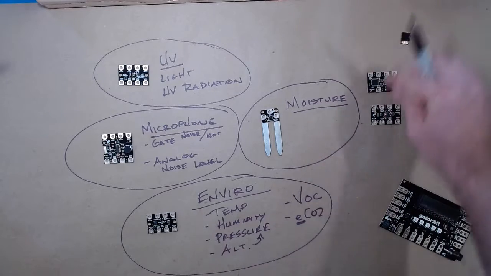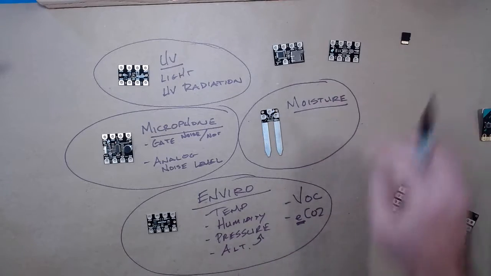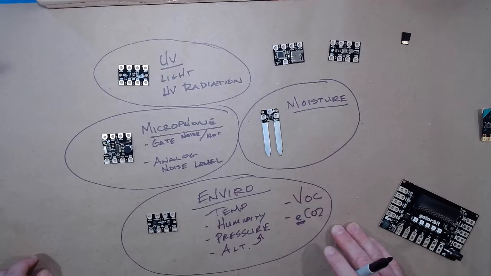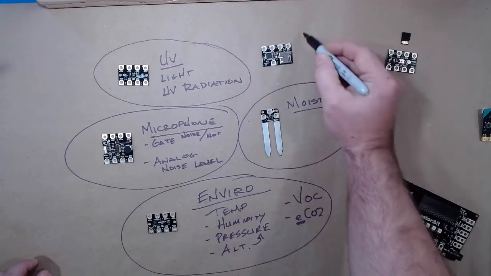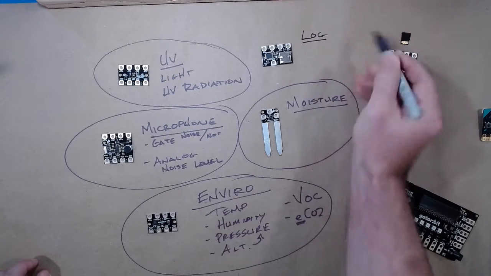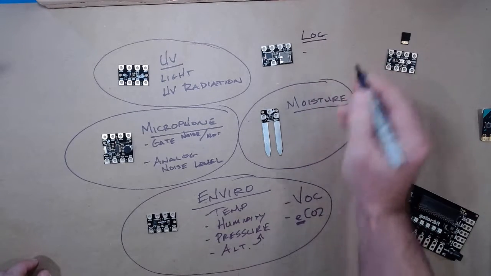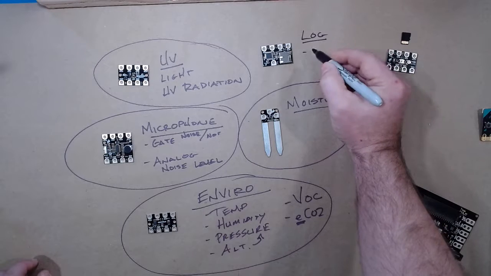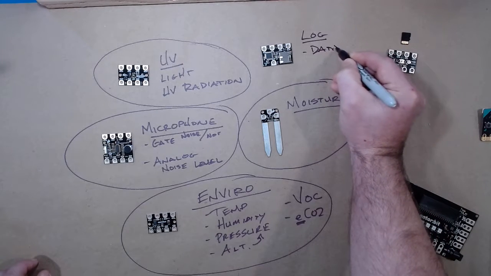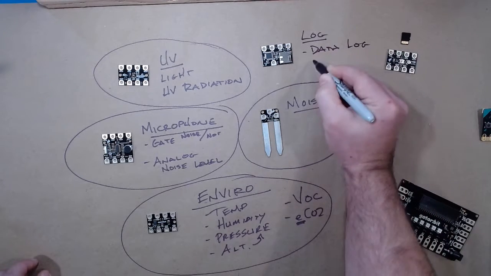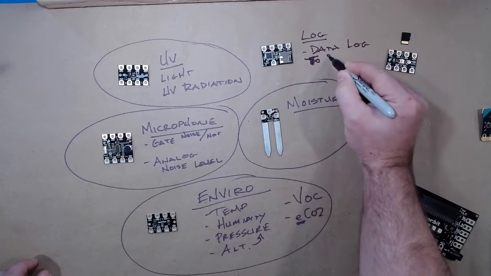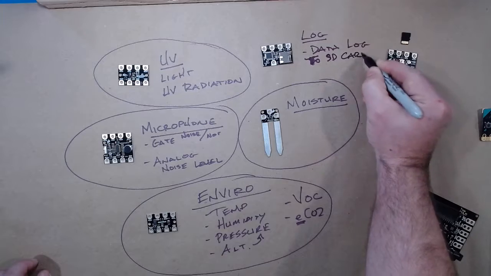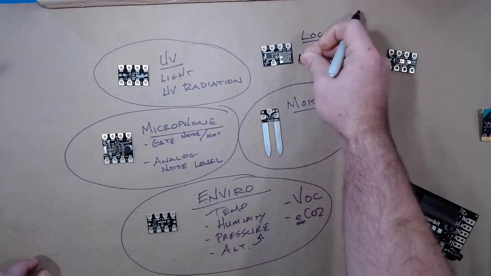These two boards are, I would call, utility boards. This is the Gator Log. What the log does is it allows me to data log to an SD card. So the kit comes with an SD card.